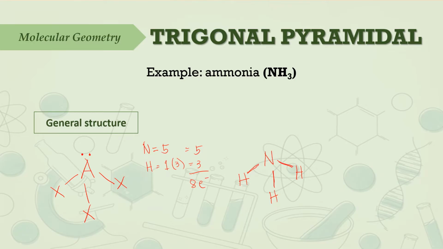We need 2 more, so the dots will be put on nitrogen, so that it will make 2, 4, 6, and 8. Since hydrogen can only hold a maximum of 2, it doesn't need to meet the octet rule. So this is now the final structure for NH3. And since it has a lone pair at the central atom, this structure is polar.